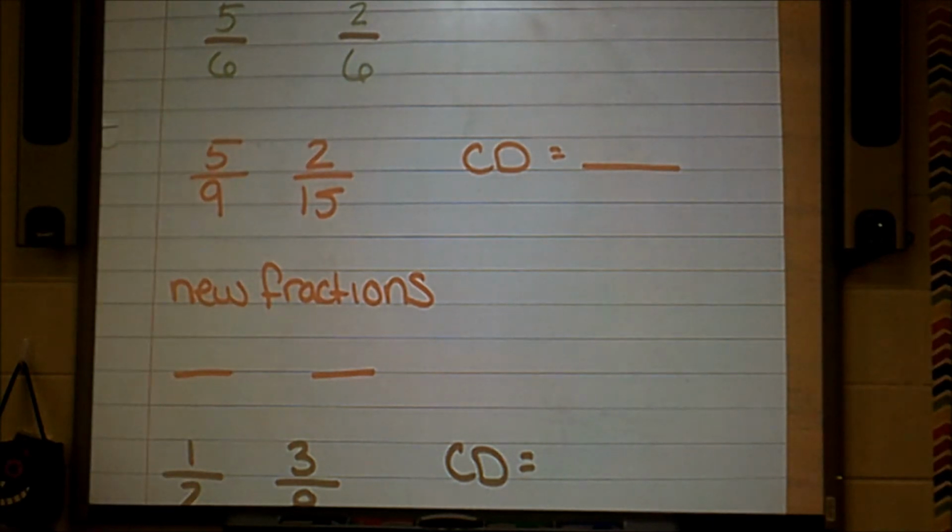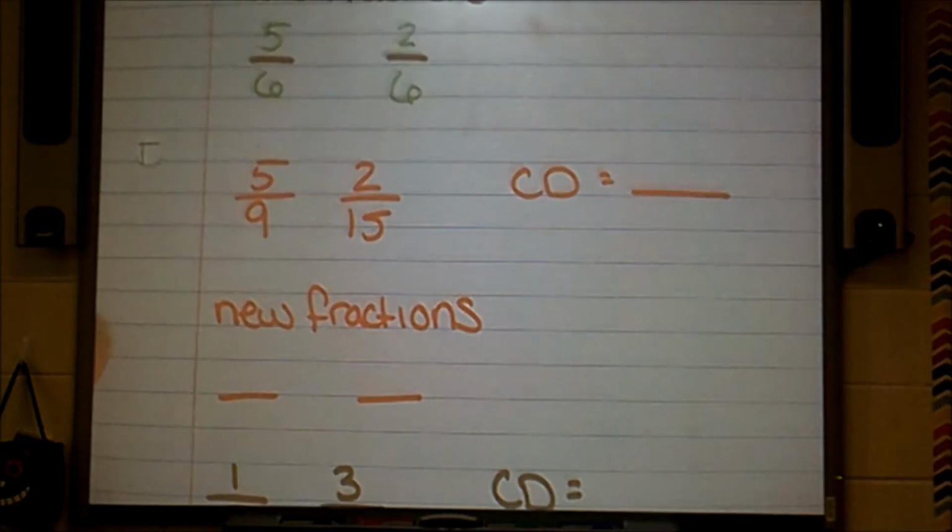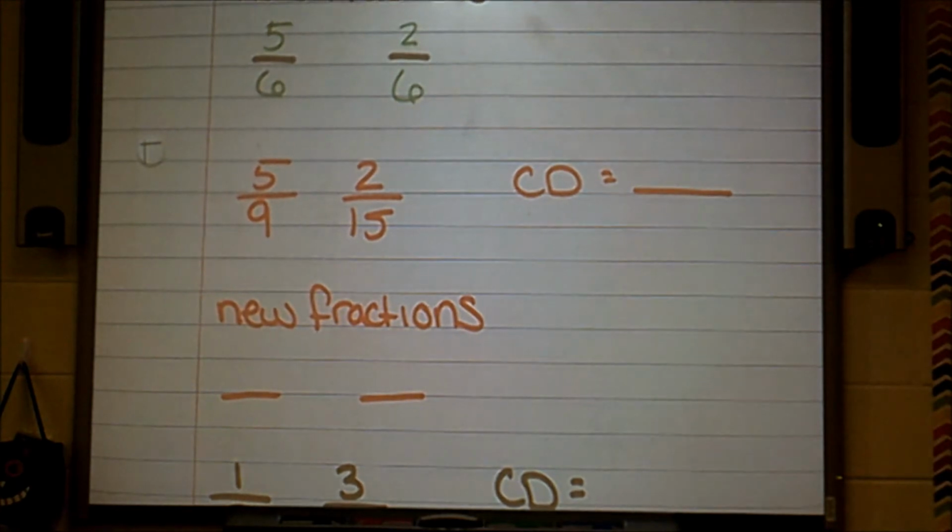5/9 and 2/15. I'm going to count by 9s and I'm going to count by 15s, and I want to see the first number they have in common.